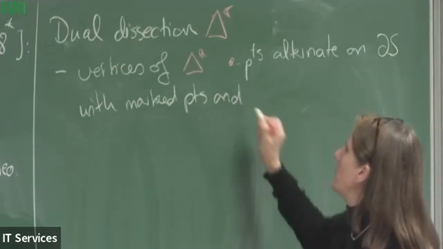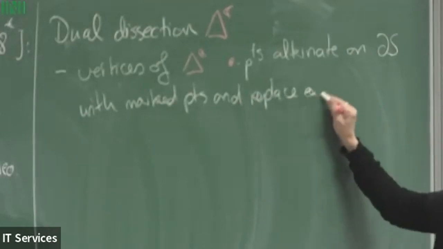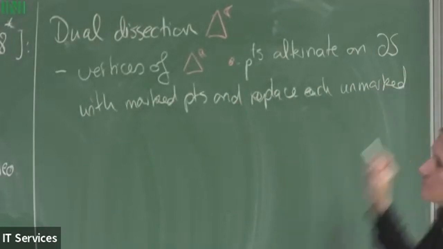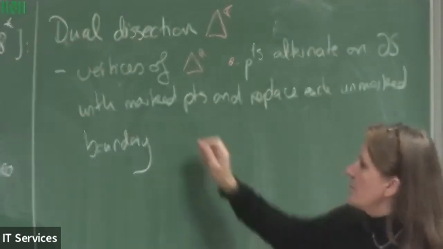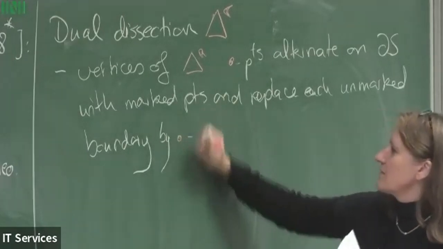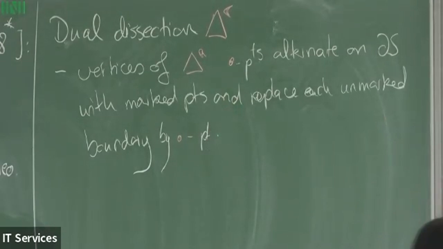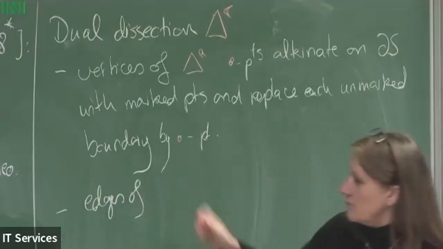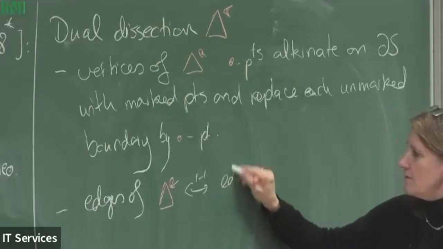And we also replace each unmarked boundary by a red marked point. And then what are the edges? Well, the edges of this dual graph are in bijection with the edges of delta.